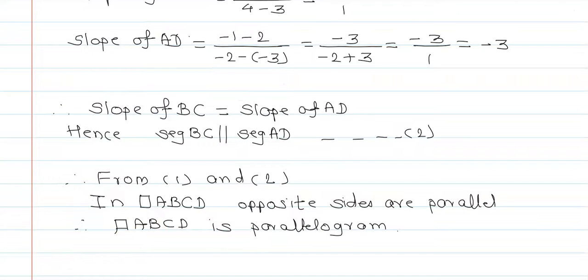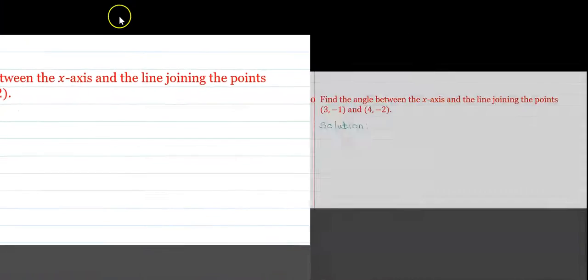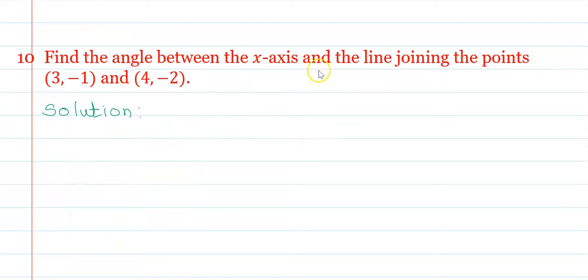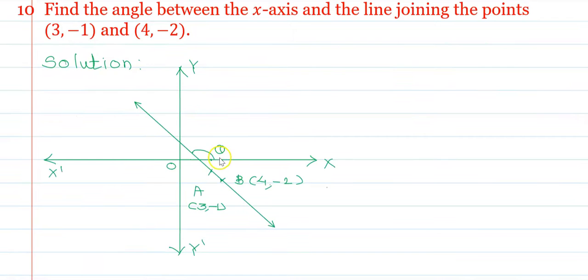Next problem. Find the angle between the x-axis and the line joining the points (3, -1) and (4, -2). Okay, now see this figure. We can find out the slope of a line when the angle of inclination is given, and also when two points on that line are given.